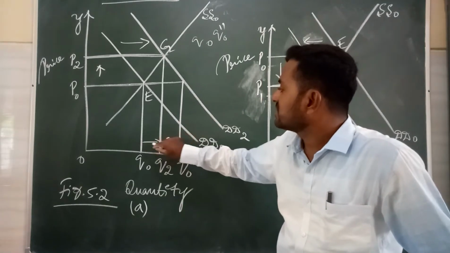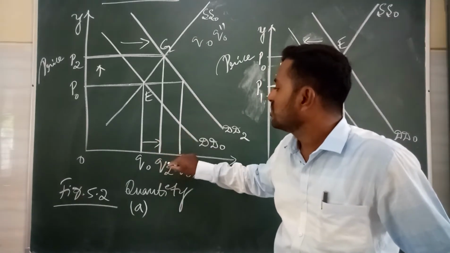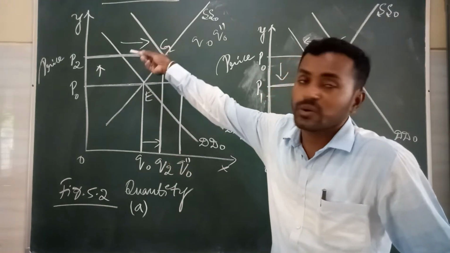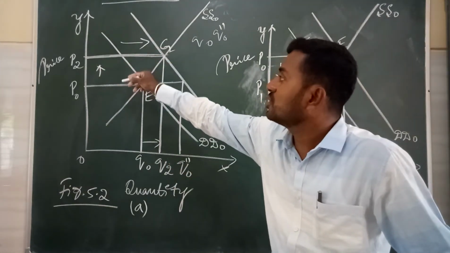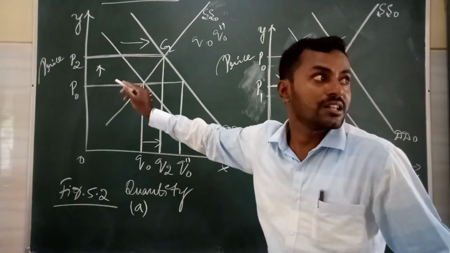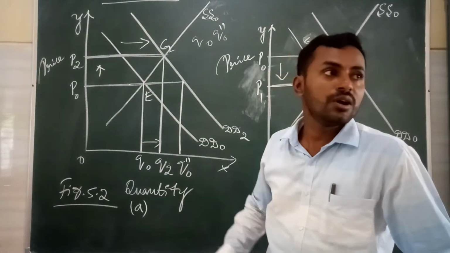The quantity increases from Q0 to Q2, and the price also increases from P0 to P2.